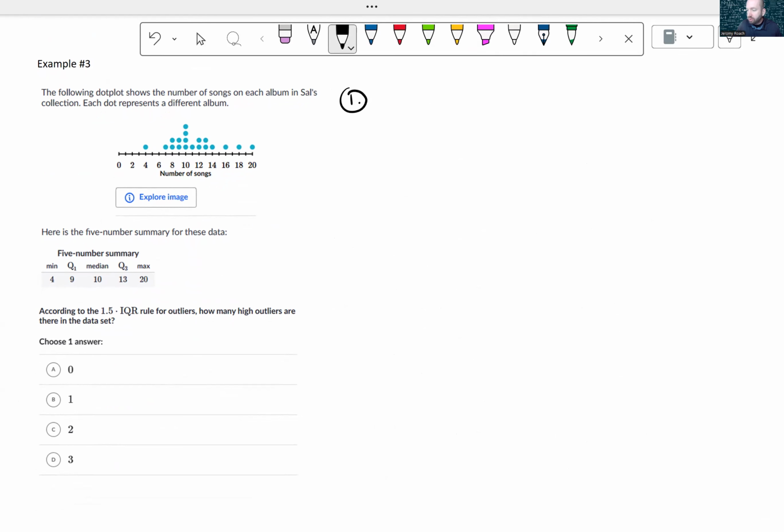We're going to start with finding the IQR. That's Q3 minus Q1. Q3 is 13 minus 9, and that's equal to 4. So we've got our IQR.